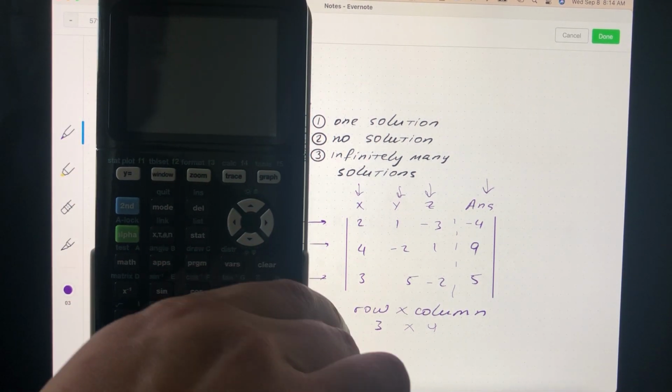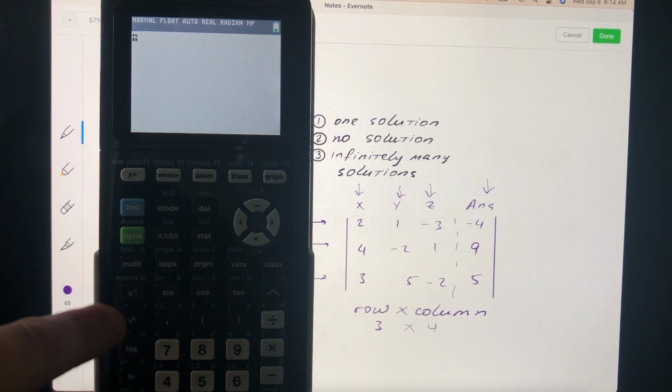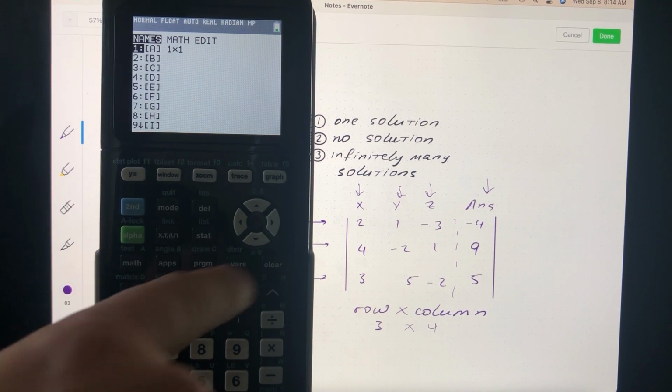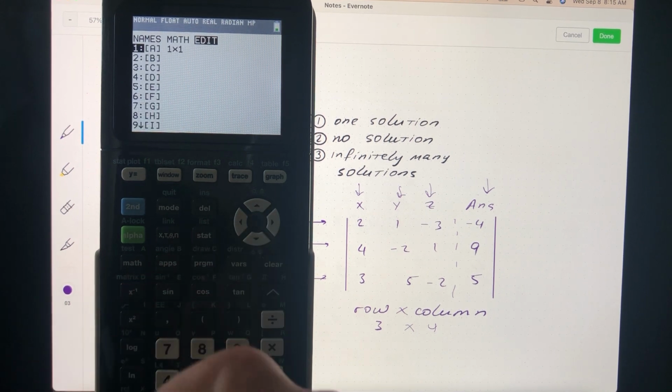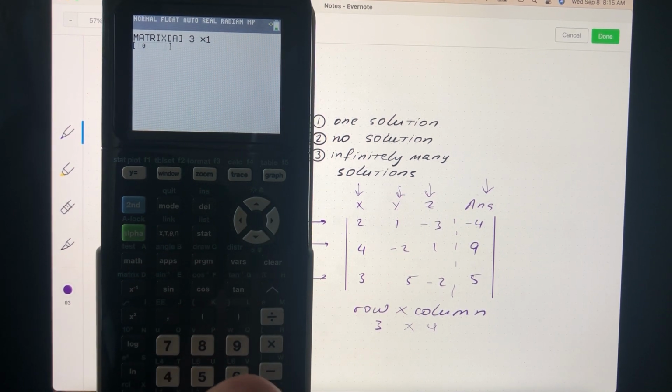Here is the calculator. We go to second x to the -1, which is matrix, and the first thing we do is edit it. So we type in first the right size, 3, that makes 3 rows, 4, we have 4 columns.